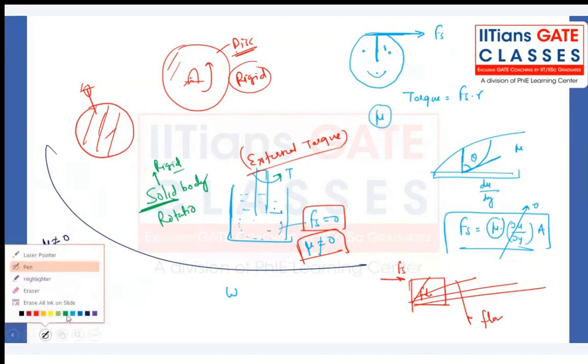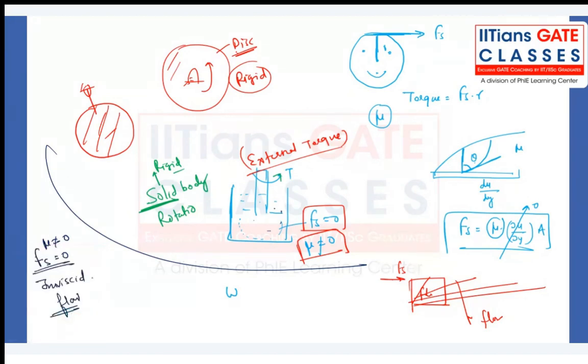There is one statement they used to give in examinations: do all inviscid flows give irrotational flow? Irrotational means omega will be zero. That means no rotation, right? The fluid element is not rotating. That is the first statement, right?